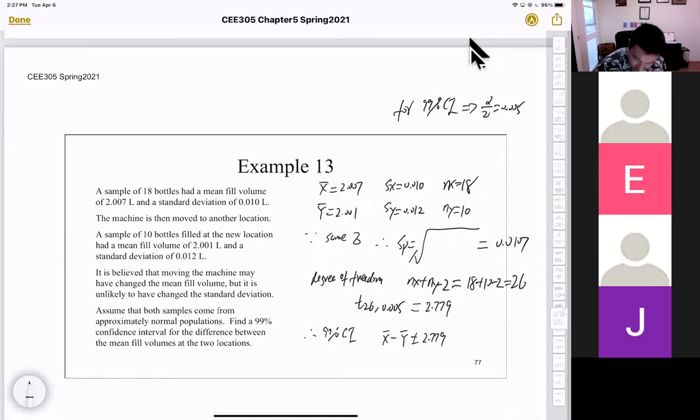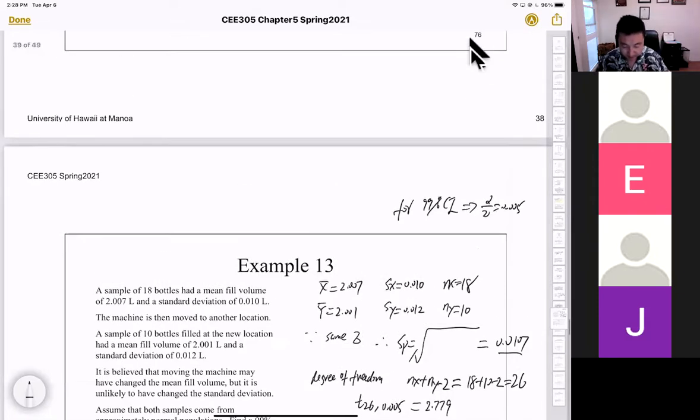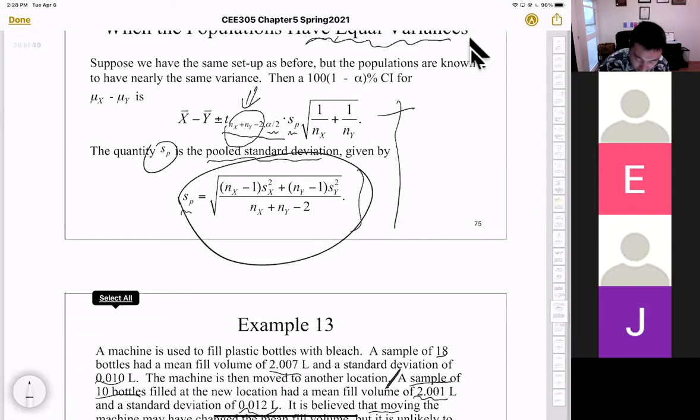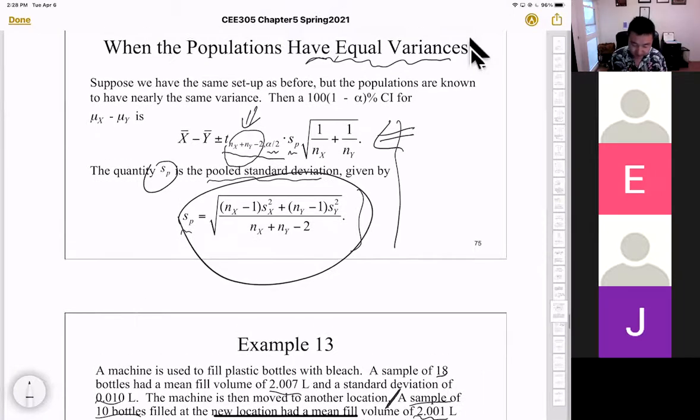SP is this, and then you plug in the mean values for x and y, and you get the final answer. So use this equation.